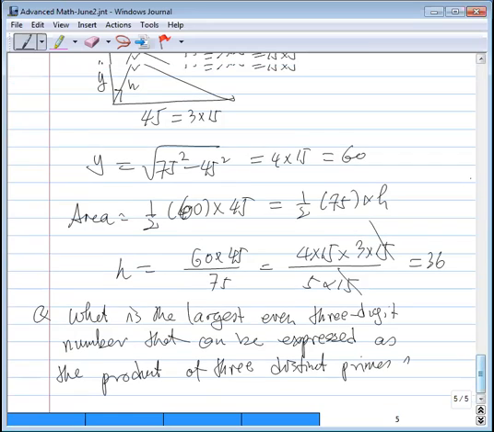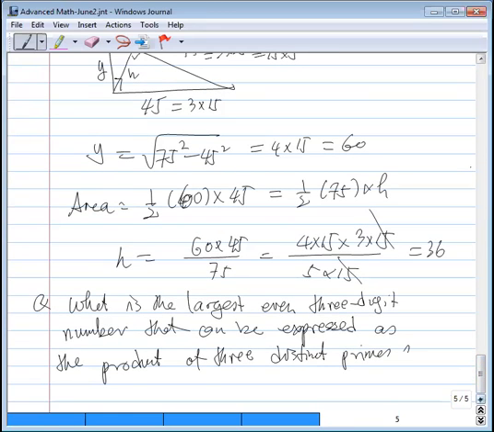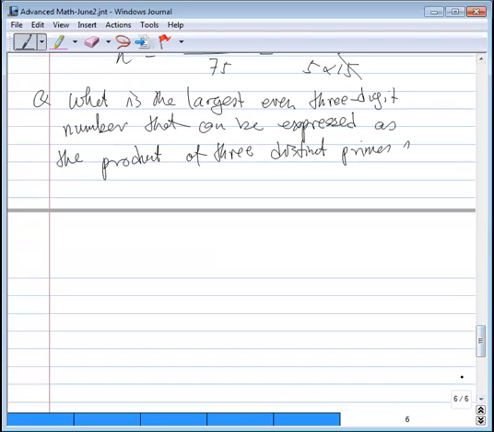Okay, let's understand this question. You're looking for the largest even three-digit number that can be expressed as a product of three distinct primes. Prime numbers are usually odd numbers, so to make sure the product is even, it must be 2 times p times q, where p and q are not equal to each other and are prime numbers.